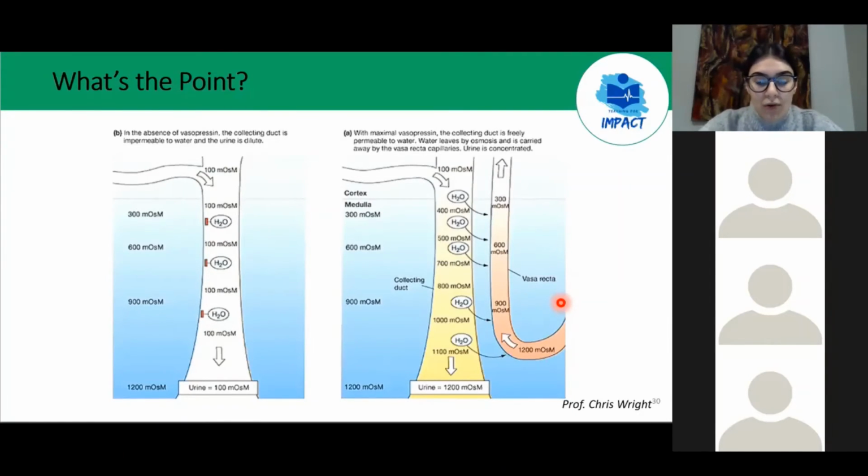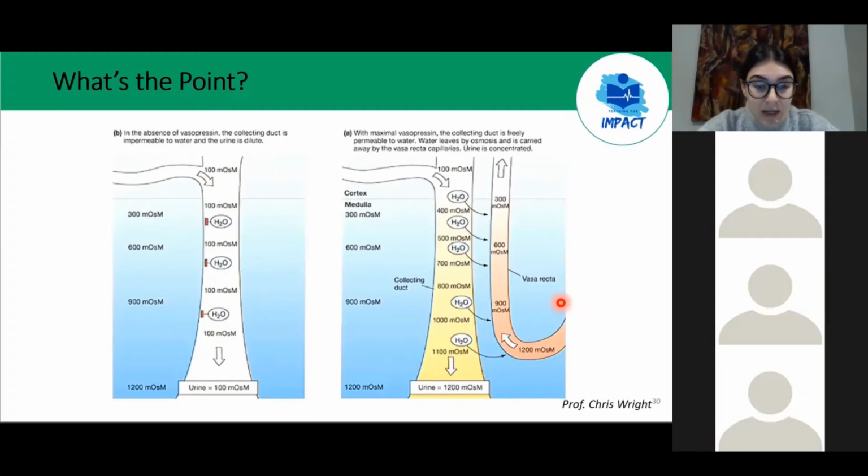Antidiuretic hormone is released in response to increased plasma tonicity. So when the plasma is increased in its tonicity, we want to retain as much water as we can to try and dilute the tonicity of the plasma. That's why we have this little hormone.